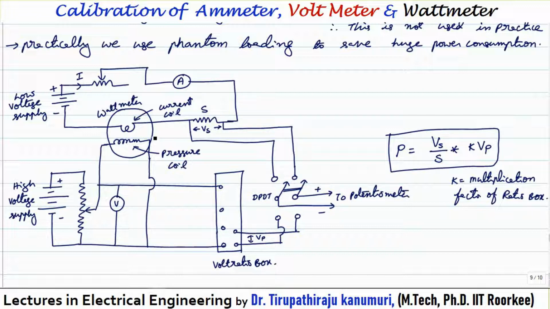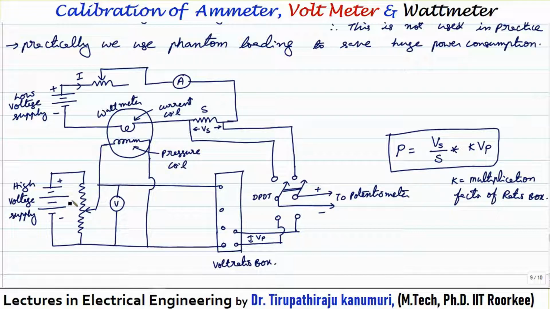The advantage of this one is, you can see here this low voltage supply is supplying only the current coil of the wattmeter, because generally the resistance of the current coil of a wattmeter is negligible, very less. The power is only consumed by the standard resistor and this rheostat, which generally consume a very small amount of power because their resistance is very low. We are going for low voltage supply only, so the power loss will be minimum in this method.